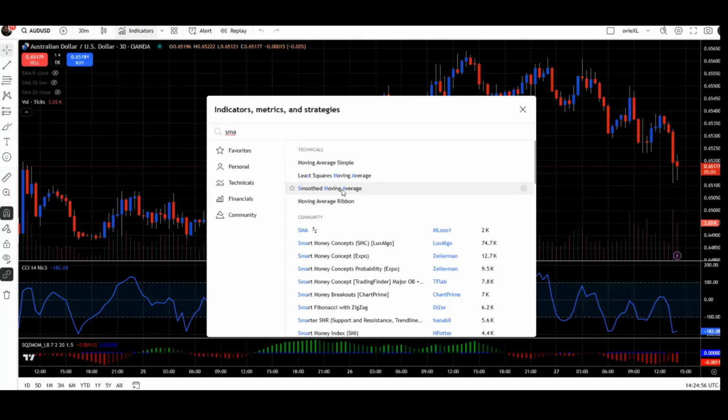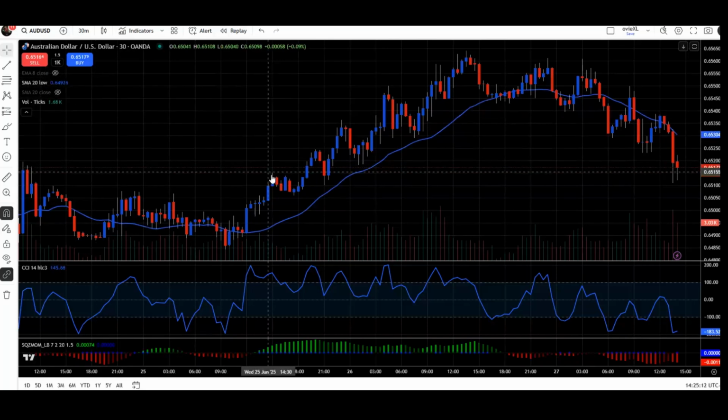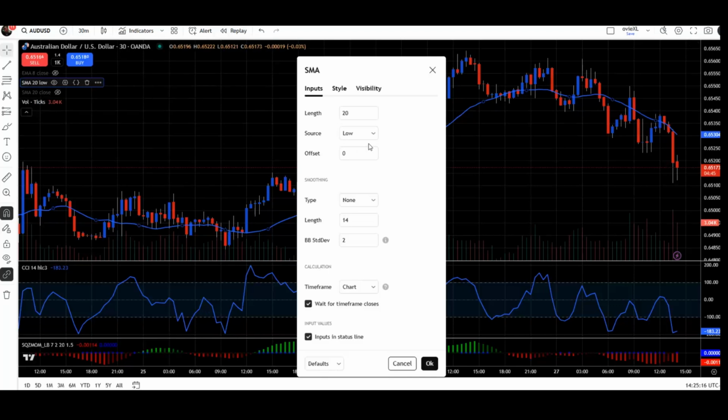So this is what you want to get. When you click on that, you go to the charts, and I already have it on my screen. You want to add it twice, right? This is the SMA 20. The first one, you want to set the source to low.